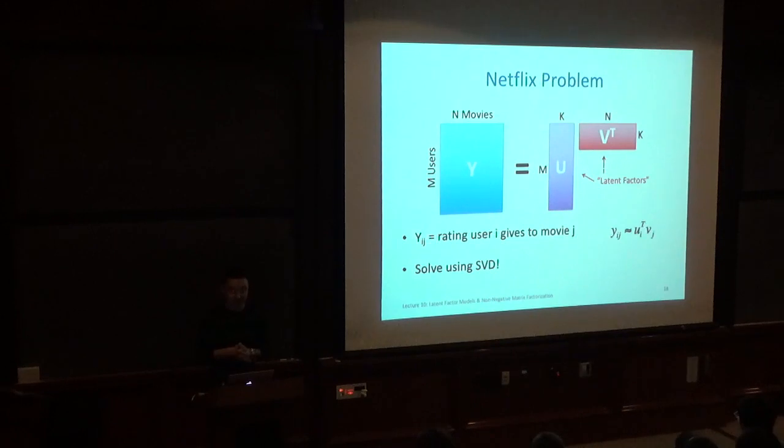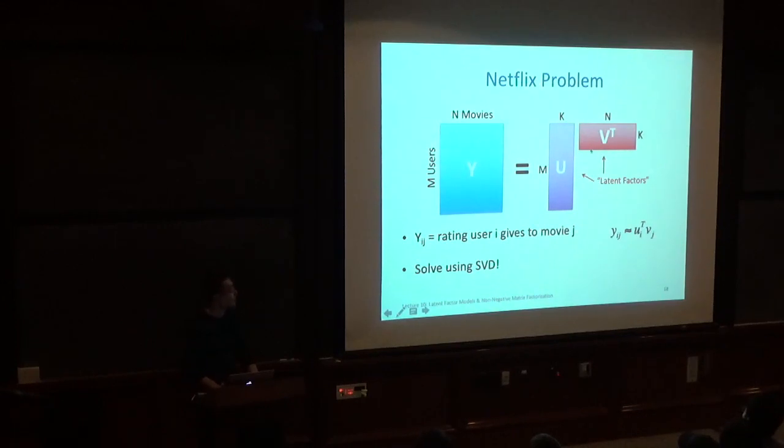And we want to find a low-dimensional U and V. You can think of these as a user factor and a movie factor, such that we have basically a linear function that predicts for any given movie what this user would like, and for any given user what movies they like, that approximates this matrix.